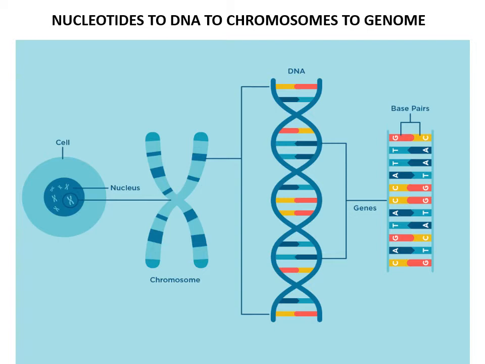Okay, so now we have our DNA, which can continue for many, many thousands of base pairs. And that's going to make up a chromosome, right? And chromosomes are going to have many, many different locations on them that are going to code for different information.